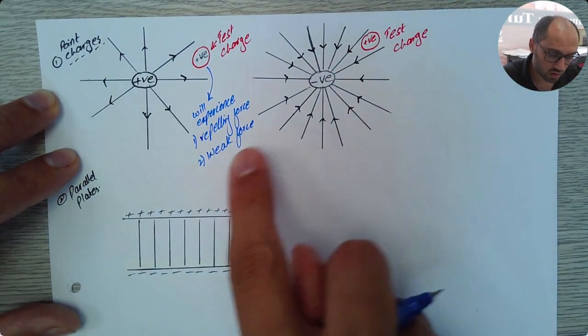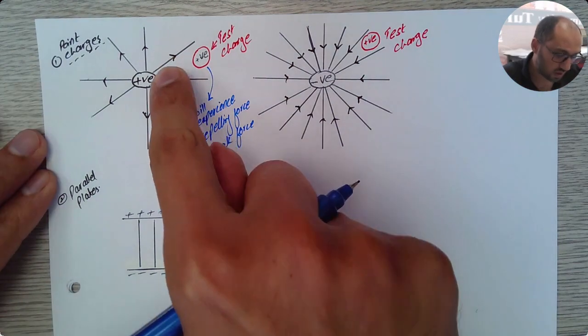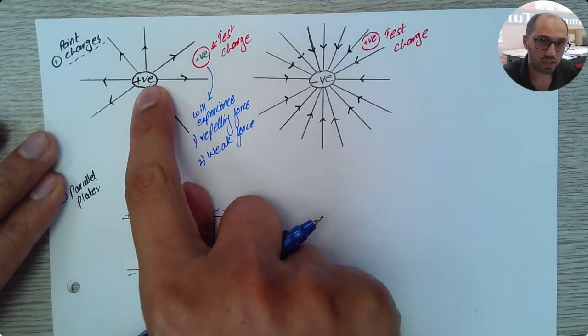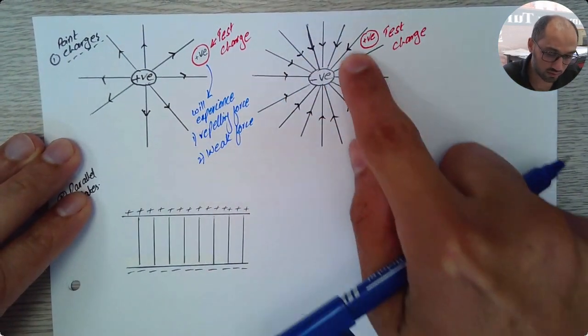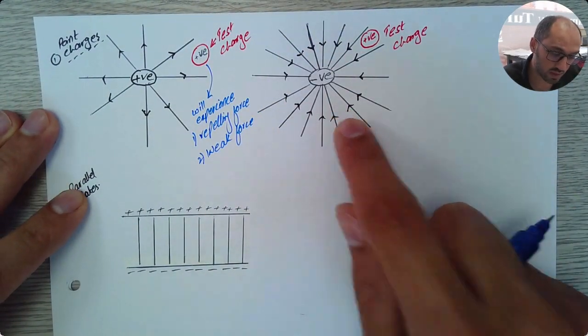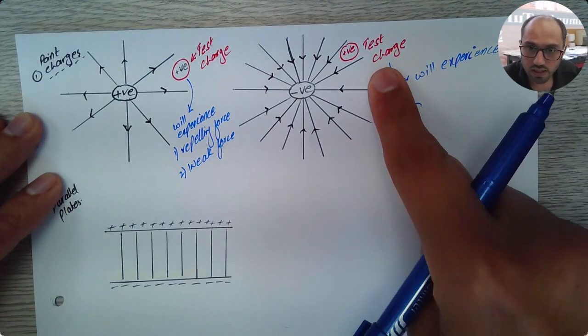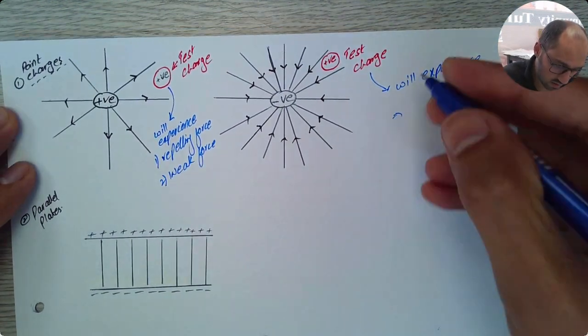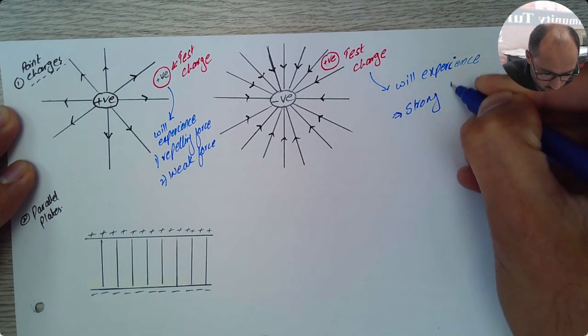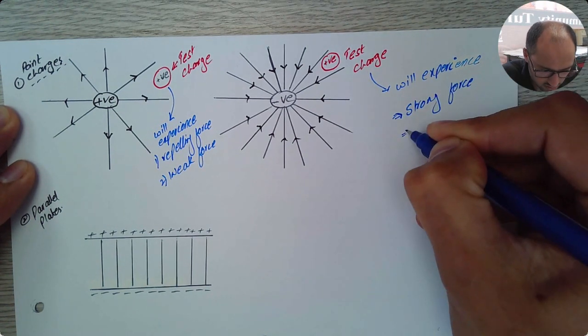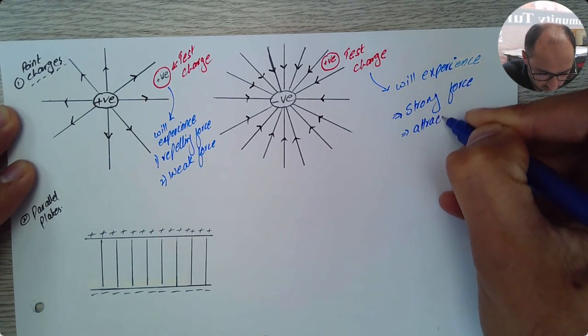So compared to this one, it will be weak force. Why is it weak force? The amount of these lines around the charge will determine the strength of force. In this case, I've got loads of lines around it. So this time it will experience stronger force. This time I'll say the test charge will experience strong force. And this time it will be attractive.